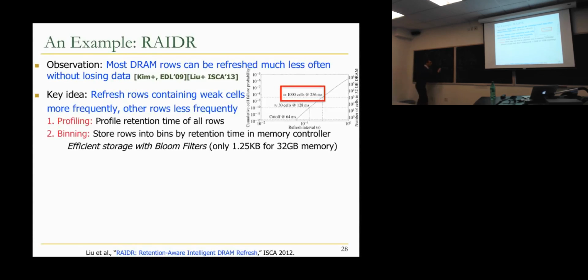But now you have a much smaller structure, but it's approximate. Because some rows that actually do not need to be refreshed every 64 milliseconds may go through the hash function. This address may be hashed, and that address may happen to map to a location whose bit is set by some other address because you have a collision between different addresses, because you do not have enough bits, right? You don't store 1 bit per row.